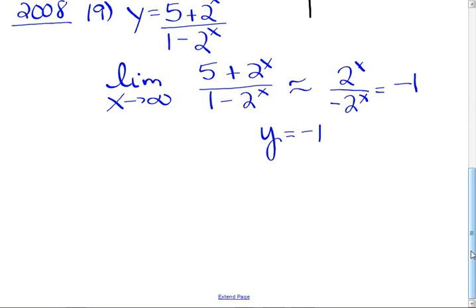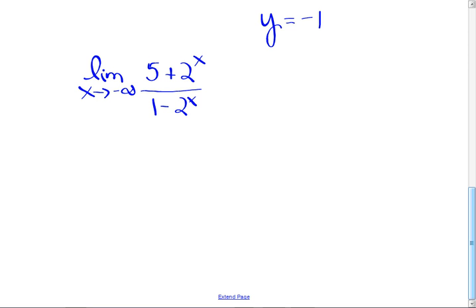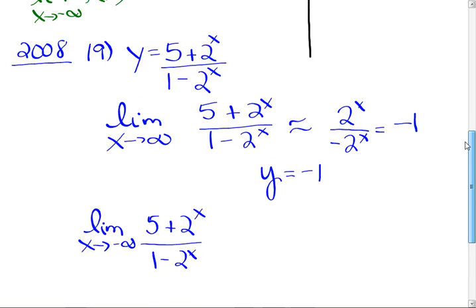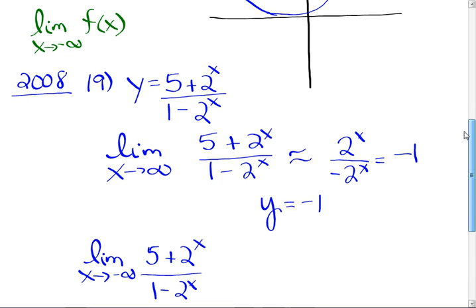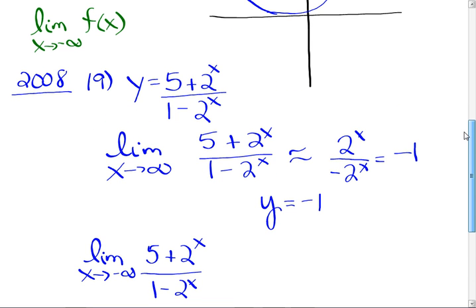Now, let's go to negative infinity. This one's trickier. What I'm going to do is actually put in some numbers. You could do that on the first one too. These are all thinking. If you listen, you'll get this right, because I'm pretty sure it's going to be on your multiple choice part of your exam.